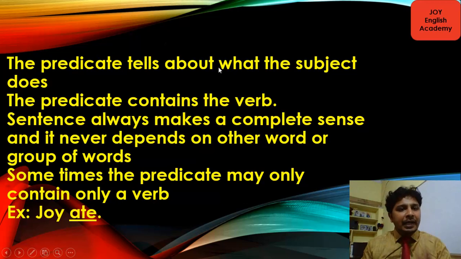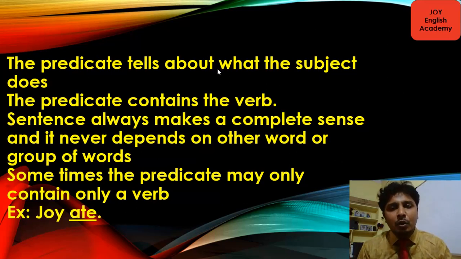Now, the predicate tells about what the subject does. Now what is subject? Subject is about whom we are talking in a sentence. For example, if you say Ashish is a good boy, we are talking about Ashish.